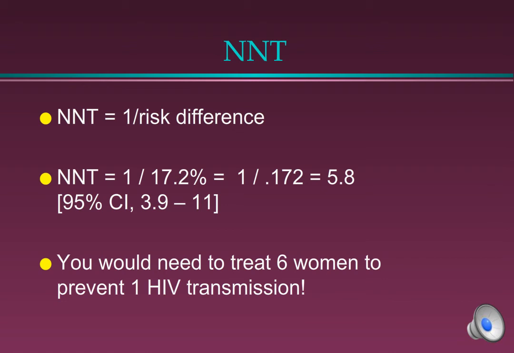So you can't really say, well, one number needed to treat is good and another is bad. For example, when we talk about mammography screening of women over the age of 50 to prevent 1 death from breast cancer in 10 years, the number needed to treat is about 300. 300 women would have to undergo screening every year or 2 to prevent 1 death after 10 years. And that's the order of magnitude of many of the preventive interventions that we use. But in this case, obviously, the number needed to treat is much, much smaller.